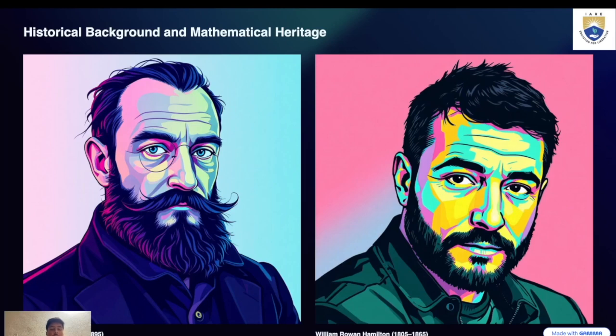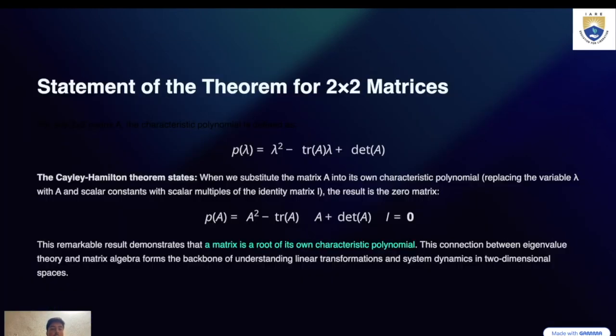In the next few minutes, we will explore how this theorem works for 2 by 2 matrices, see its formula, understand the characteristic polynomial, and finally look at its applications. Statement of the theorem for 2 by 2 matrices. Now let us state the Cayley-Hamilton theorem formally.